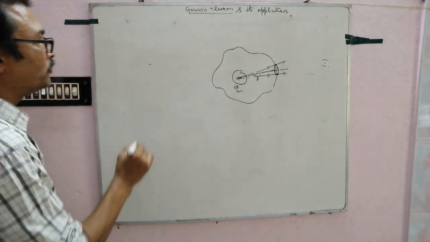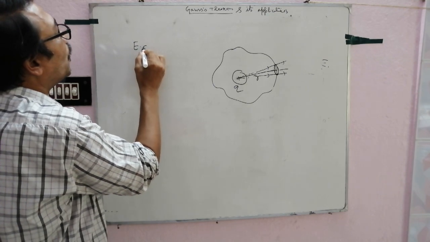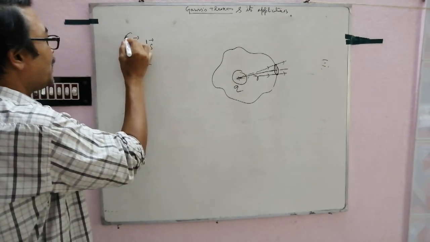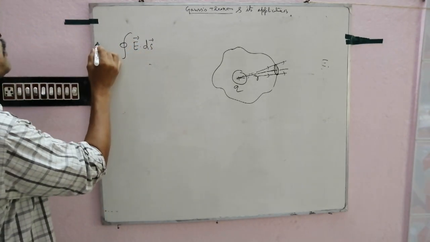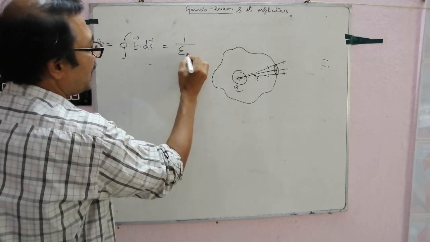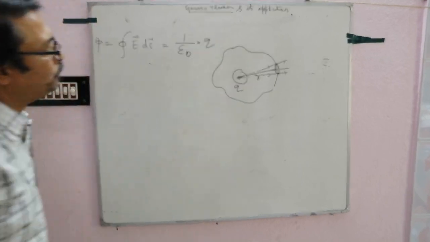So according to Coulomb's law, total flux is the integral of E dot ds over the closed surface, that is this side. Total flux phi equals the integral of E dot ds equals 1 by epsilon naught into q.